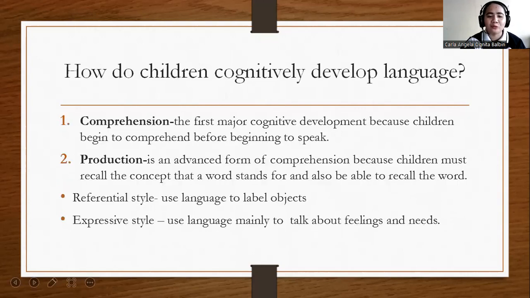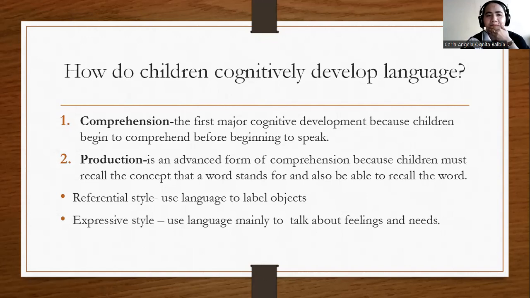Let's now come to how children cognitively develop language. So the first one is comprehension. This is the first major cognitive development, because children begin to comprehend before beginning to speak. This is actually true. Why? Comprehension includes all the words and word combinations that children understand, and only requires that a child recognize the meaning of the word.